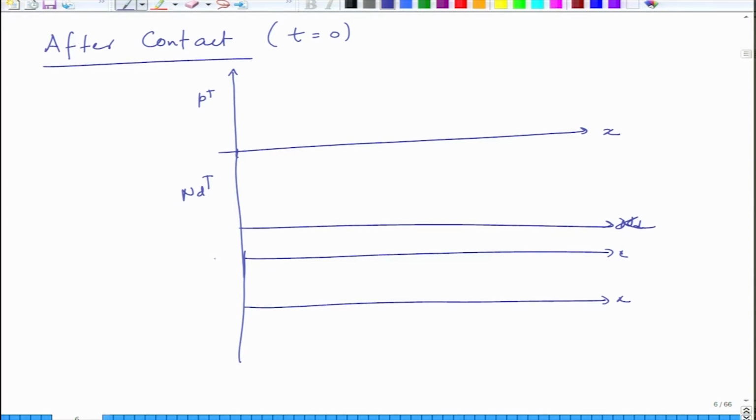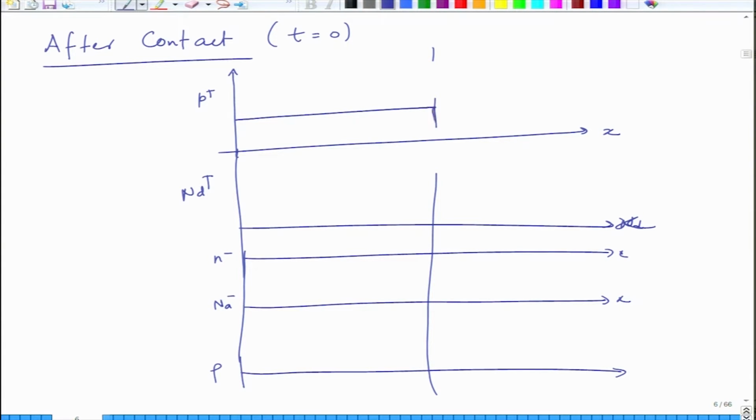So this is going to be N minus, this is going to be Na minus, and then I plot rho. So you can see that if this is the interface, it would be something like this. Nd plus would be something like this.